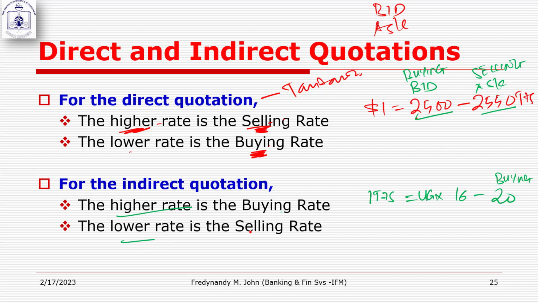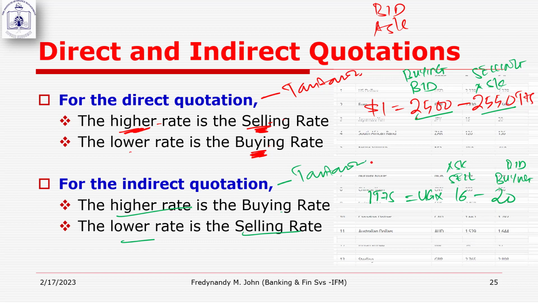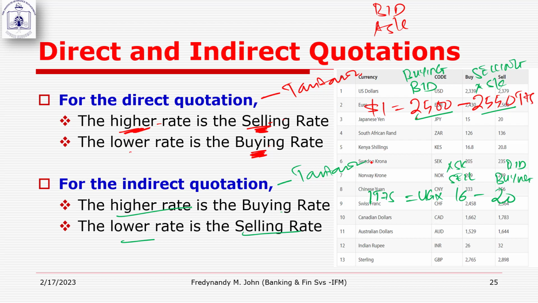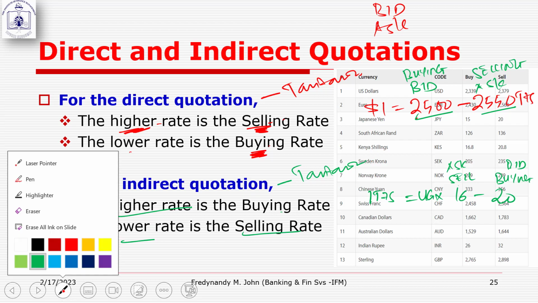The lower rate is the selling rate. Therefore, the selling rate is this one. So this is ask and this is bid. Again, we assume that these quotations were done in Tanzania. So you need to be able to determine this.